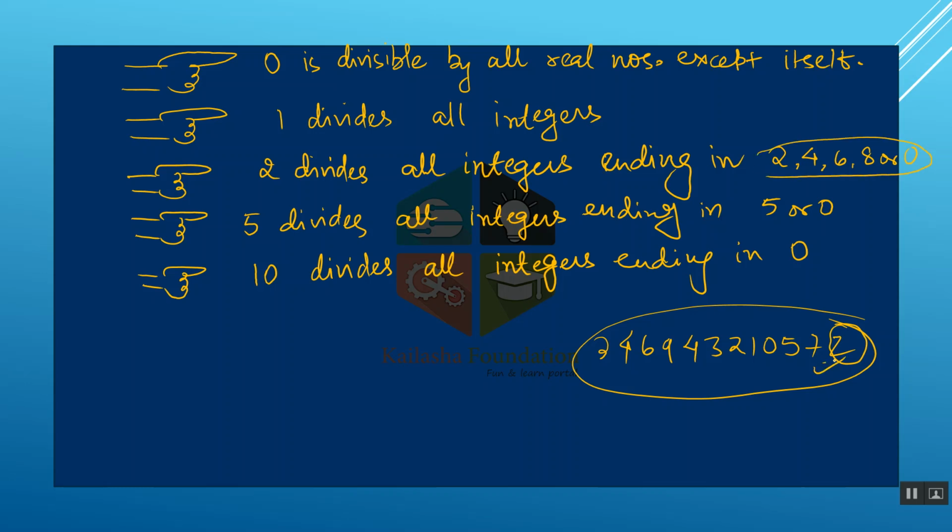So it is ending in 2, hence it is divisible by 2 no matter what the other digits are. A number ending in 1, 3, 5, 7 or 9 is not divisible by 2. That's as simple as that.